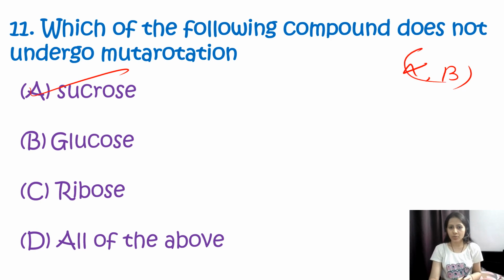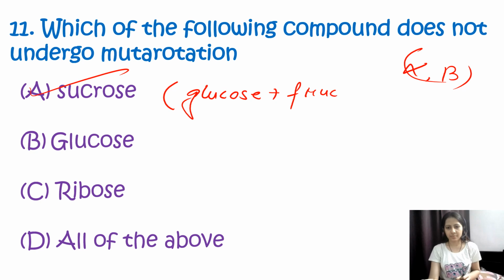Now sucrose, unlike glucose and ribose, is a disaccharide. Disaccharide means it is made up of glucose as well as fructose, which are linked by a glycosidic bond.